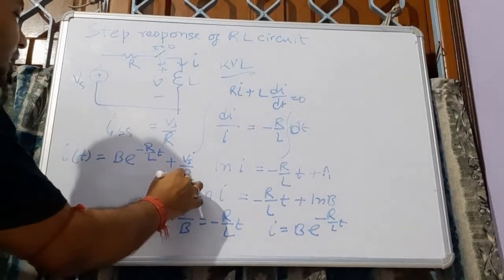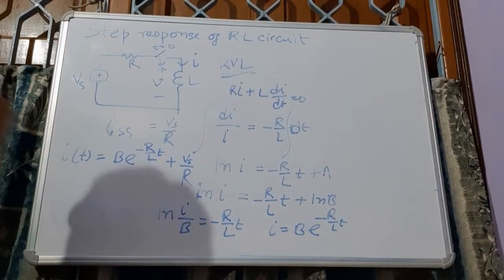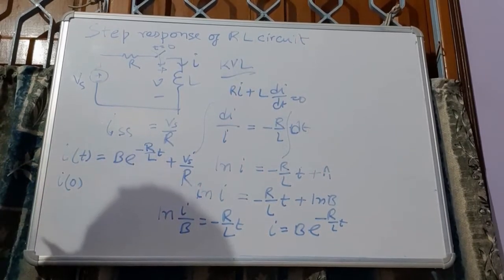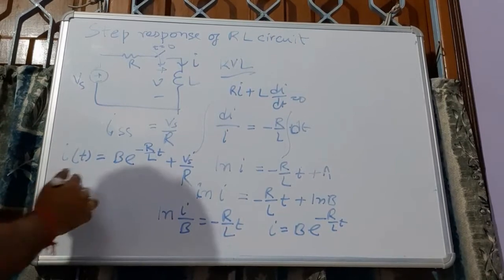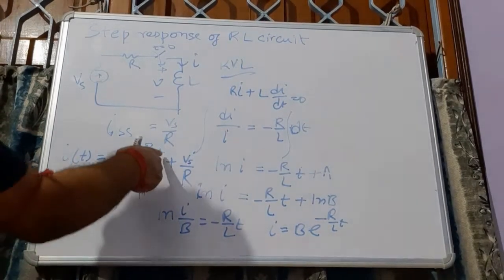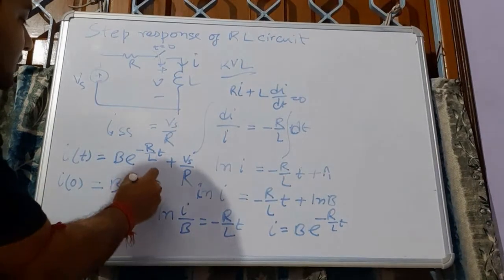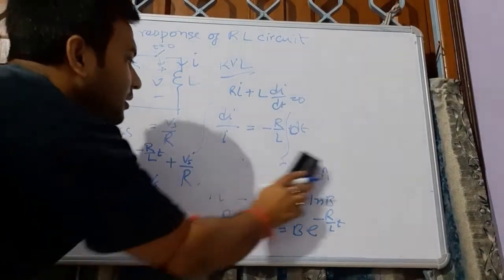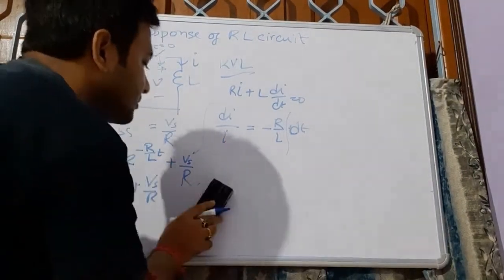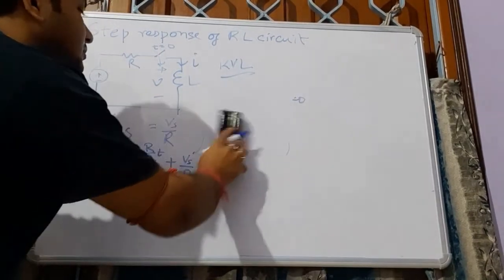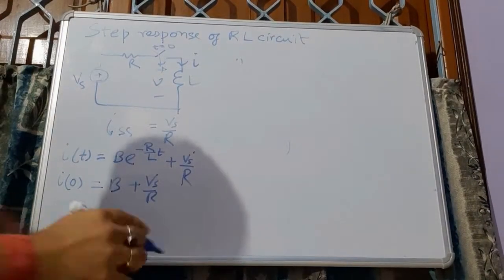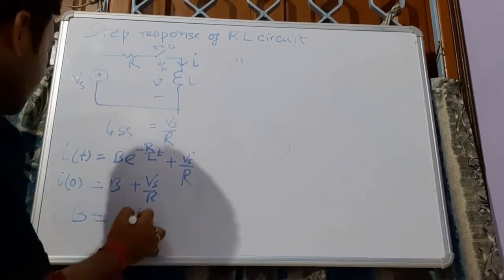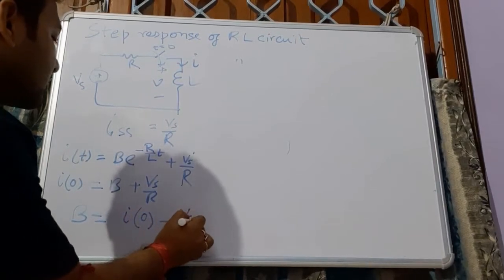Now for t equals to 0, what will be i0? At t equals to 0, i0 equals to B e to the power 0, which will be 1, plus Vs by R, right? Now I am erasing this part. Now what will be the value of B? B equals to i0 minus Vs by R, right?